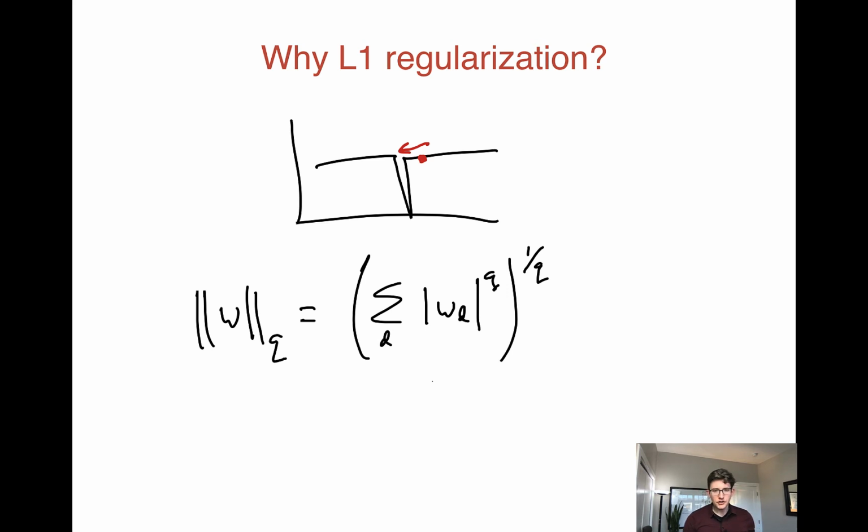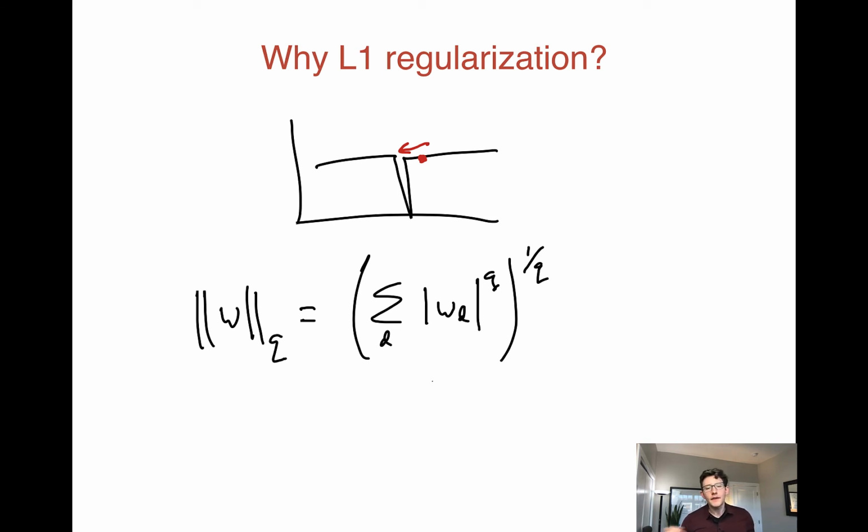It's not too hard to show that as Q goes to 0, we get the 0 norm here. And in fact, you can show that the smallest Q for which the Q norm is convex is the 1 norm. So any smaller and you get a non-convex problem.